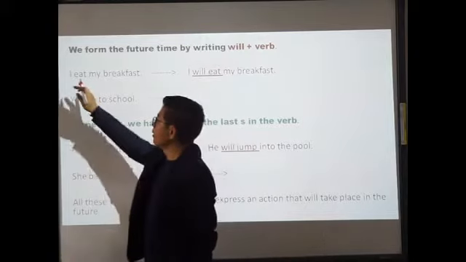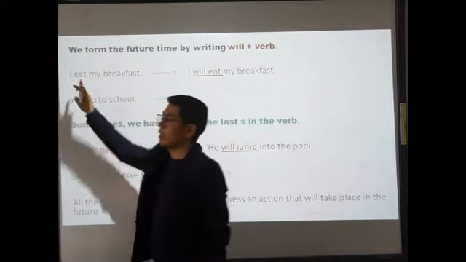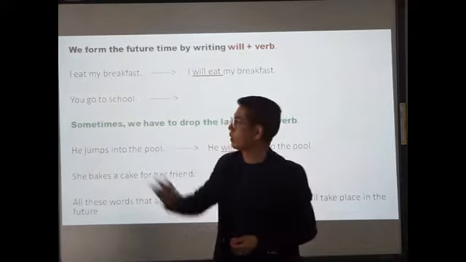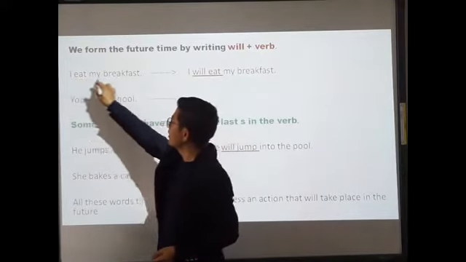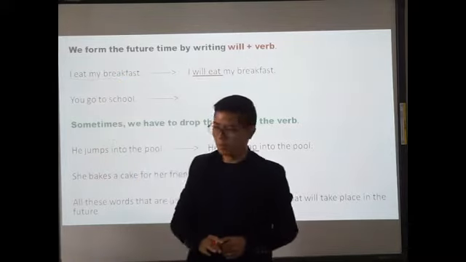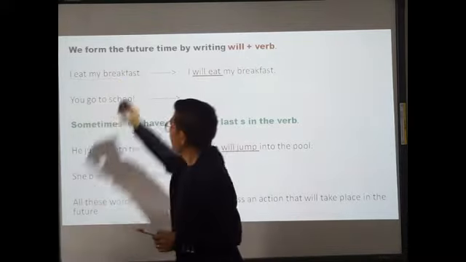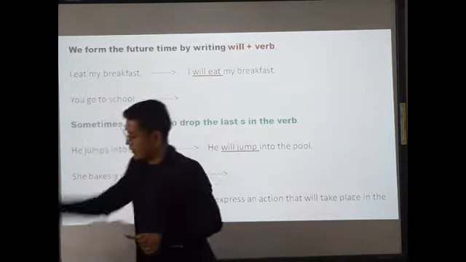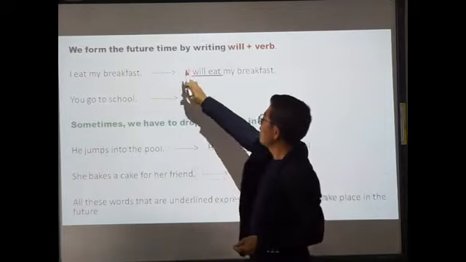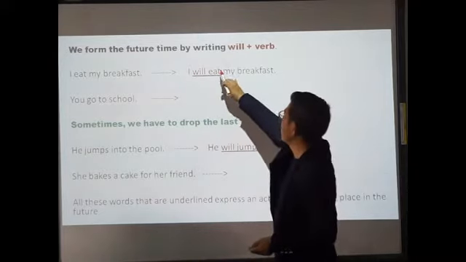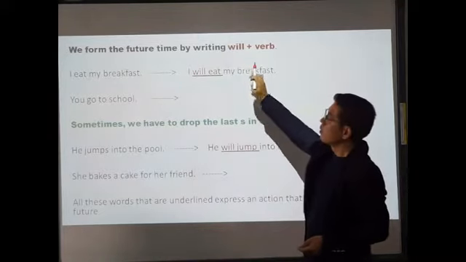For example, here in the first sentence, I eat my breakfast. This sentence is in present. If you want to make this in the future, this will be: I will eat my breakfast.